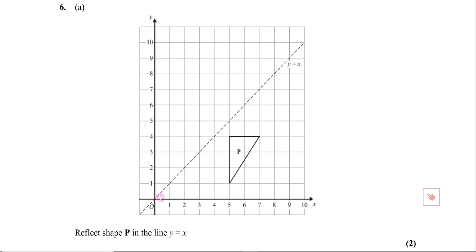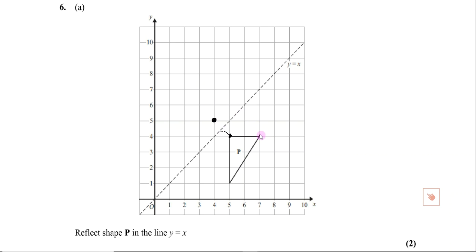Yeah, so a lot of people find it easier if that line is vertical or horizontal rather than diagonal. But basically the rule is we have to go perpendicular to the mirror line, as if we were looking directly into the mirror. So this point must be the same distance perpendicular to the other side. So we don't get confused by the diagonals.